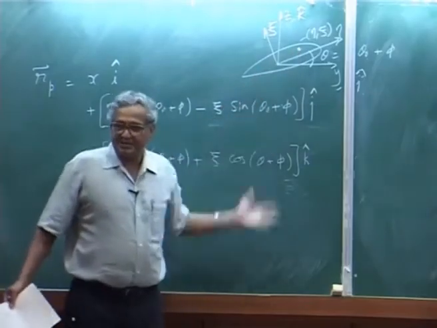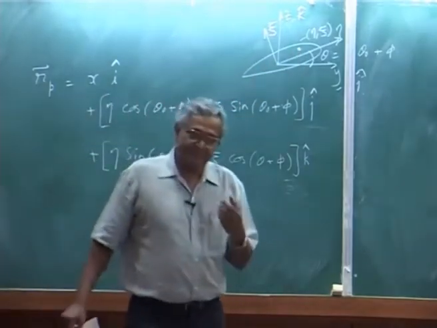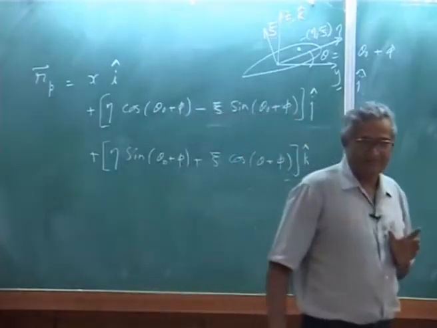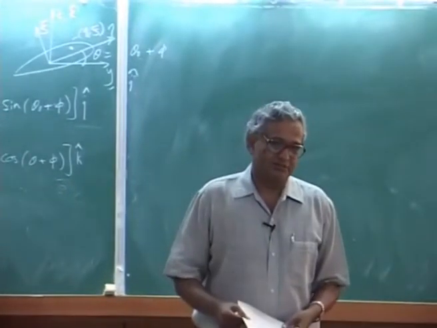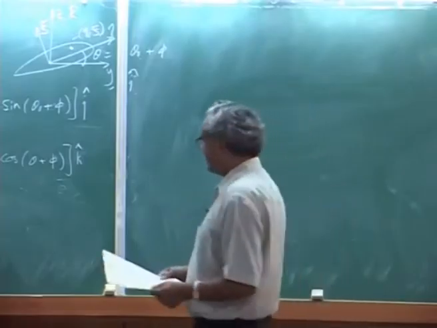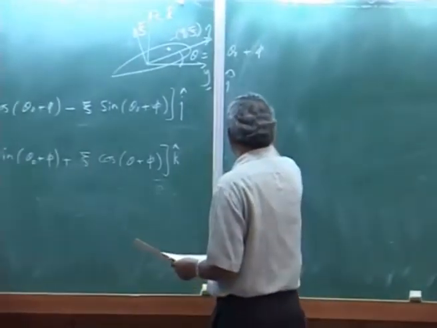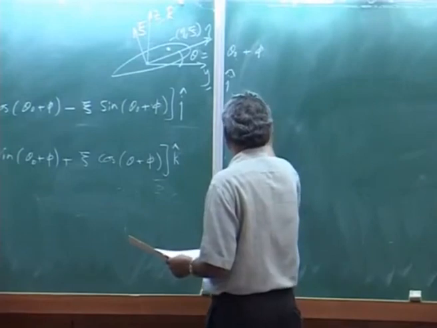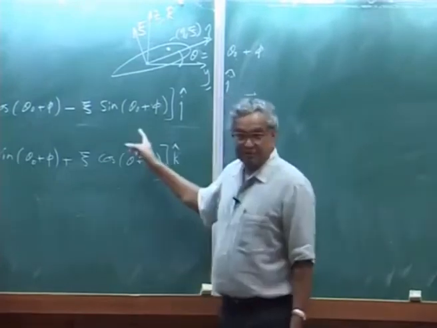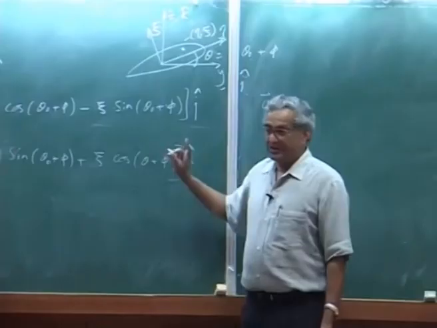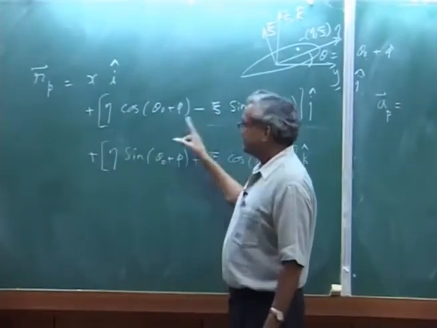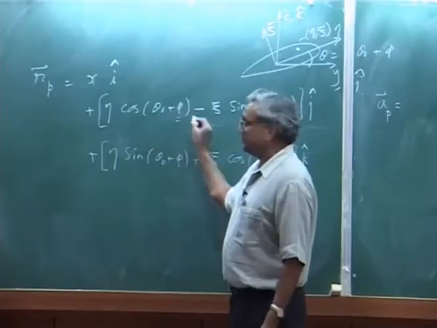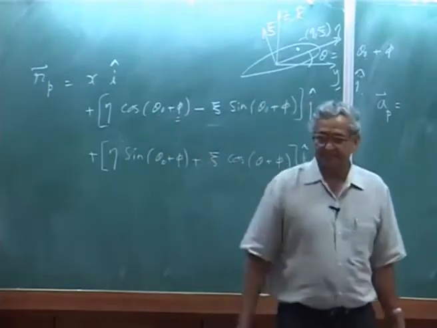Now you have to find the velocity, acceleration, and then put in the expression for the inertial load. I will write the expression for the acceleration of the point P, because this is a rotating frame. The constants are eta, x, xi, theta naught. The variable is phi. Phi can vary.